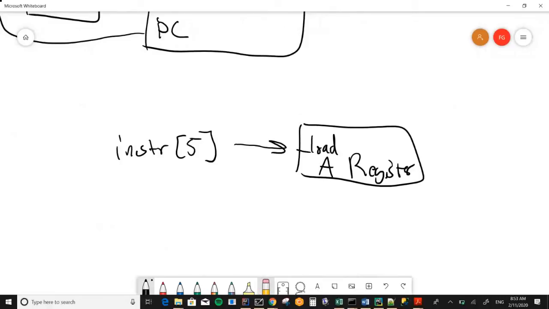So if it can't go directly, what do I need between that bit and my A register? For this one, it's not even that complicated. Repeat the question. What logic gate do I need between my instruction and the load bit on the A register?